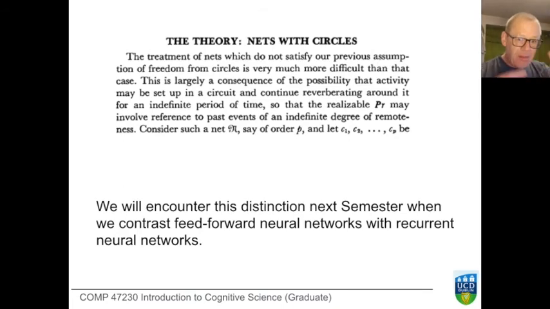Once we have neurons connecting to neurons connecting to neurons, which ultimately connect back to the original neurons, entirely different mathematical properties jump out. These, in the language of artificial neural networks, are known as recurrent neural networks. And in the spring, I'll be teaching a course on connectionism and dynamical systems, where this distinction will play a big role. So McCulloch here has hugely changed the game.